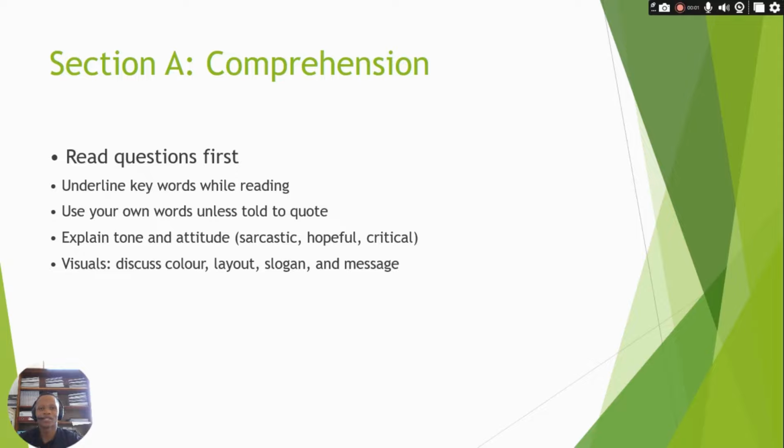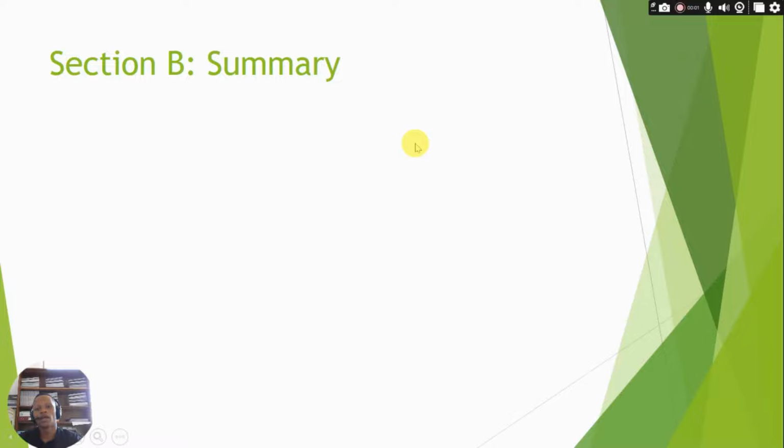I must read the passage such that I understand it so that I can respond to these questions. So that's basically what you need to know for section A. Now, section B is summary. Again, this is easy marks.